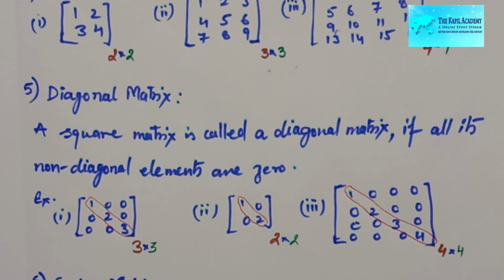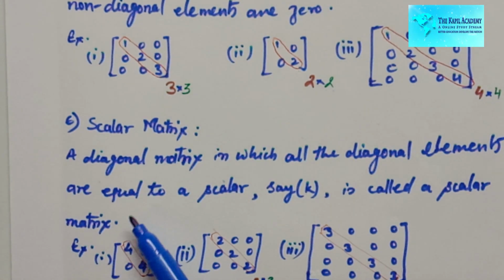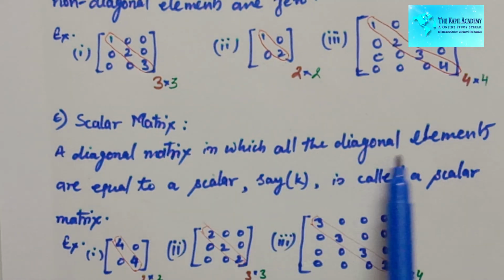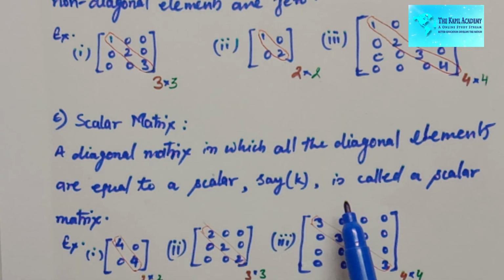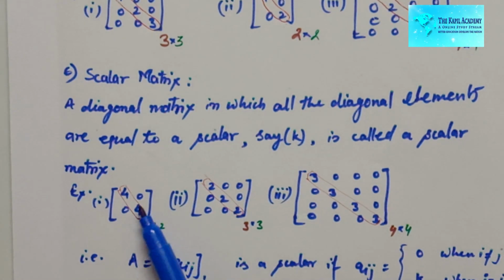The next type of matrix is the scalar matrix. A diagonal matrix in which all the diagonal elements are equal to a scalar, say k, is called a scalar matrix. Here are a few examples. This is a 2 by 2 matrix whose diagonal elements are 4, 4. All the elements are the same.